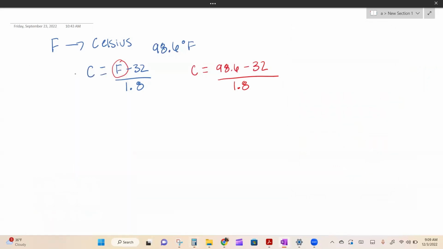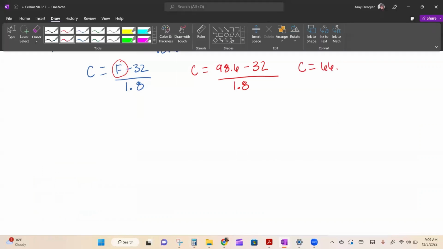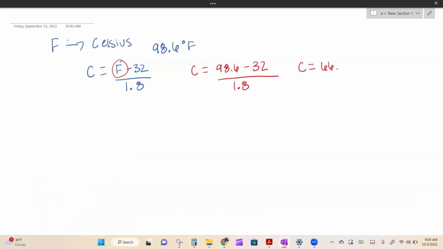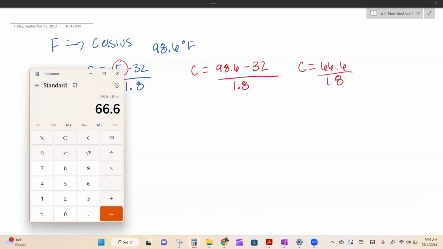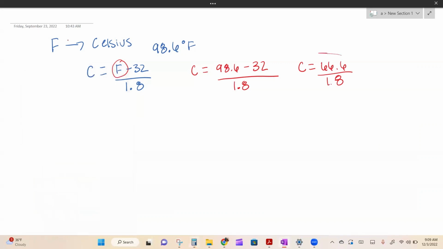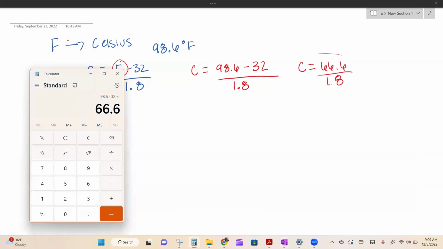So now I'm going to rewrite that again, this time getting rid of the top part and just filling in my answer. And then keeping my 1.8. So now I'm just going to do 66.6 divided by 1.8.